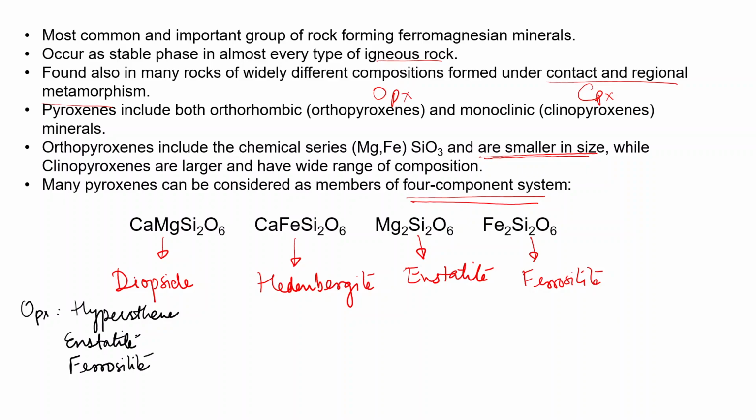While for the CPX, the very common one that you come across is augite. Then we have aegirine. Remember, aegirine has an acicular, needle-like structure. Then we have clinoenstatite, clinoferrosilite.